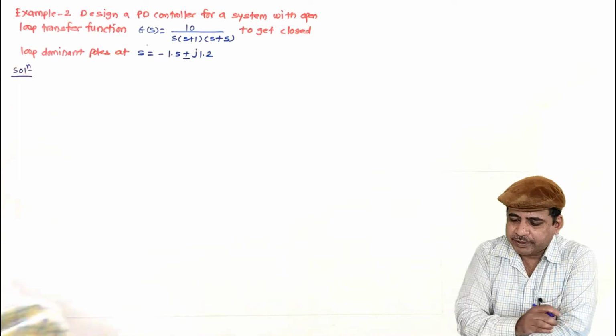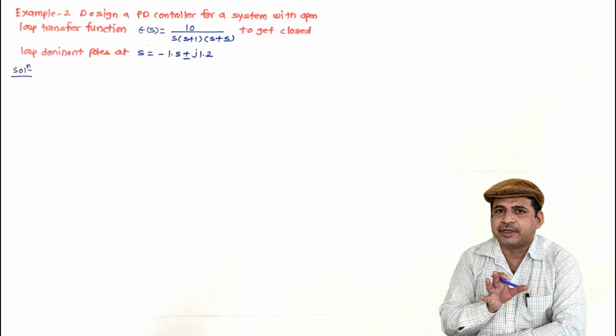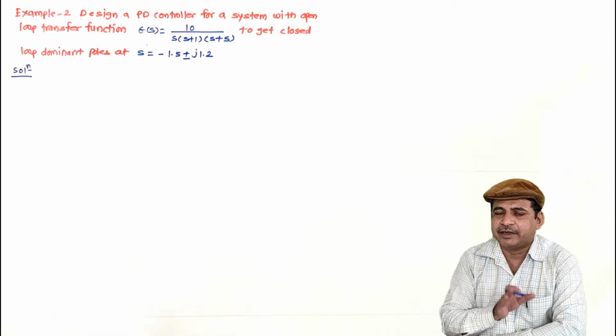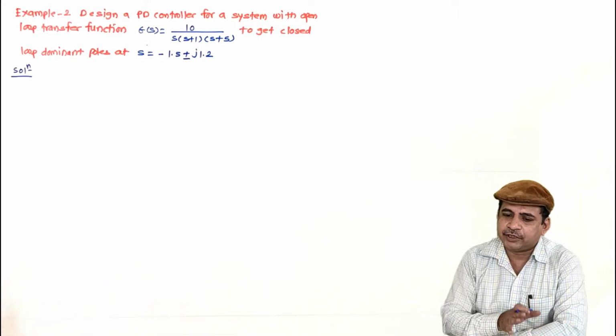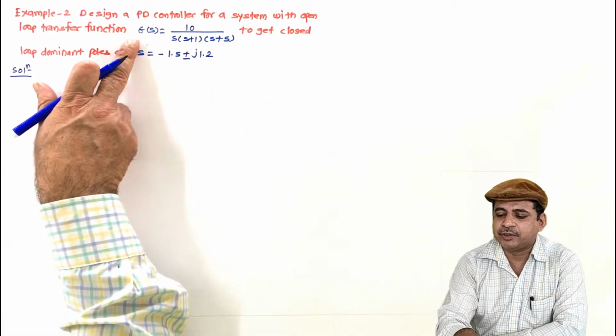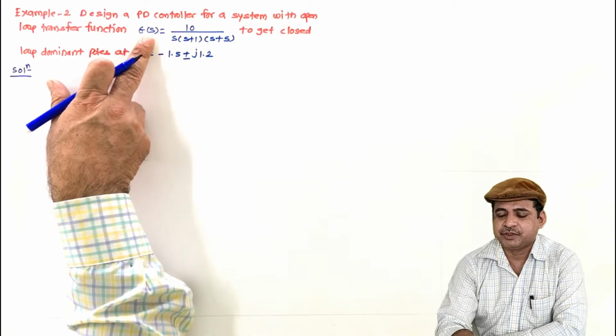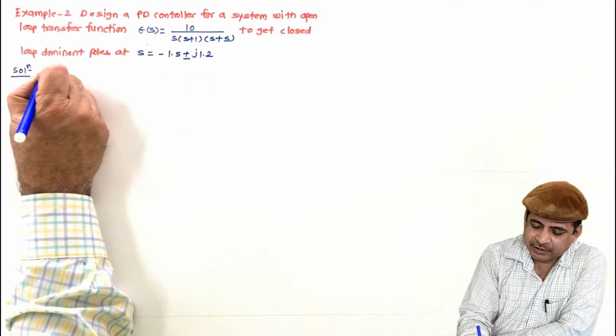As we know the procedure to find out the controller parameters Kp, Ki, Kd for a PID controller, we need to calculate the magnitude and phase of the dominant pole as well as magnitude and phase of the system transfer function at S equal to Sd. So let us begin with that.